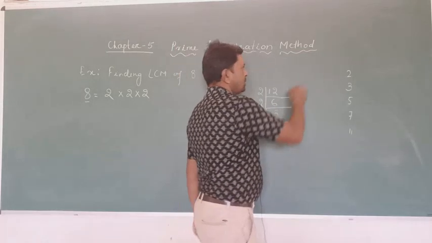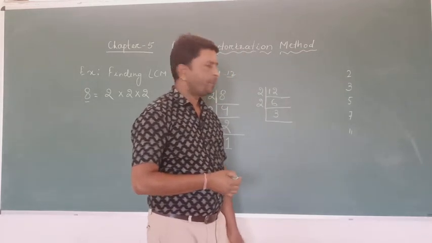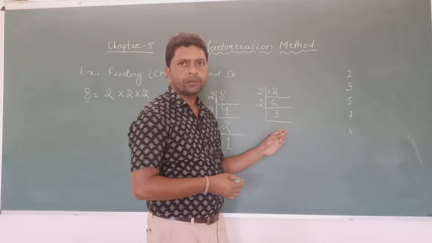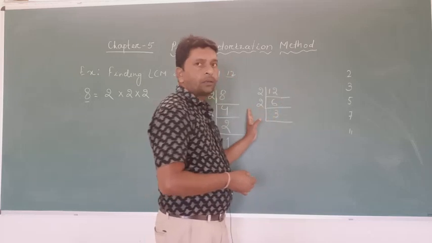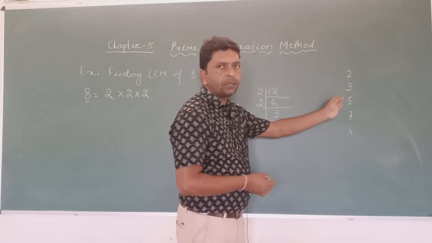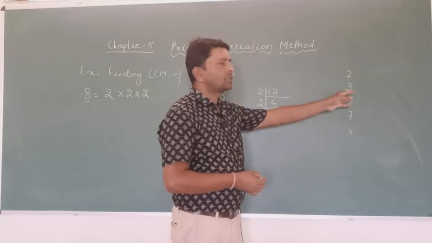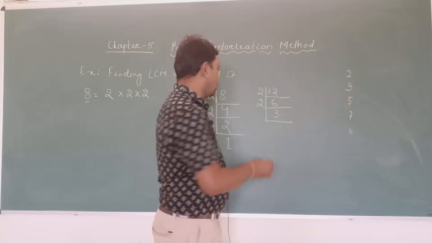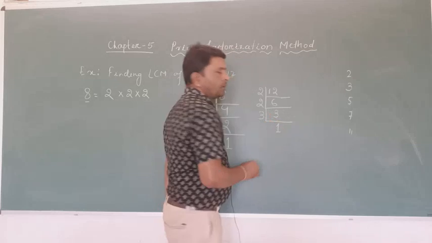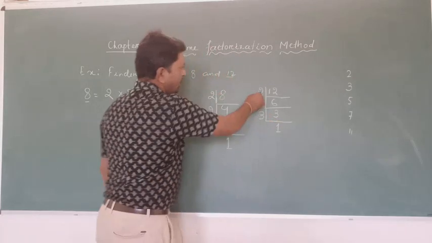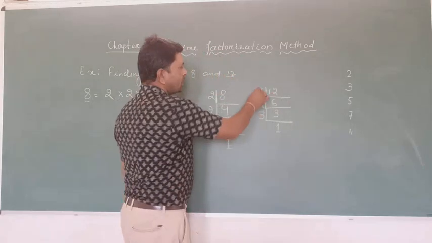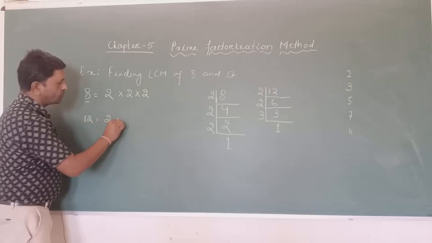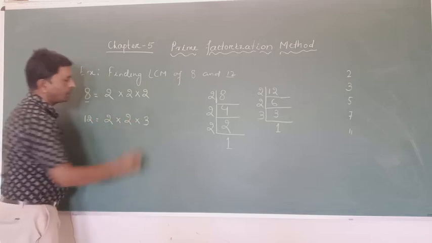For 3, check with 2 first whether 3 is divisible by 2 or not. I think 3 is not divisible by 2, so we do not take 2 here. The next number is 3, and 3 is divisible by 3. So 3 ones are 3. So these are the prime factors of 12: 2, 2 and 3.